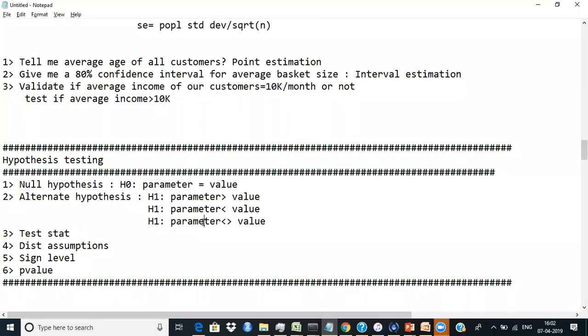Now, how does the judge decide whether the null is true or the alternate is true? Basis some proofs, right? The equivalent of proofs here is this test statistic. This will act as the proof. Now we'll understand how, okay? Once given the proof, what does the judge think? He first assumes that a person is not guilty, right? Then he tries to find out, assuming that the person is not guilty, what is the probability of having this proof.